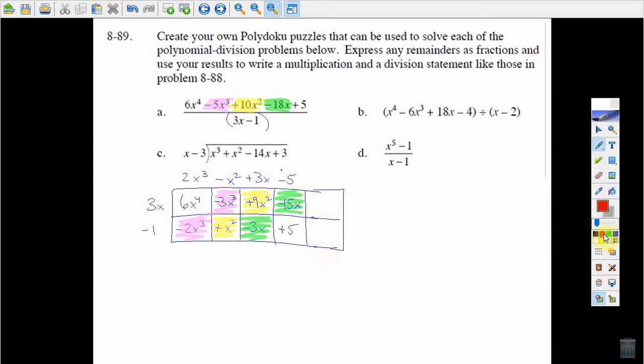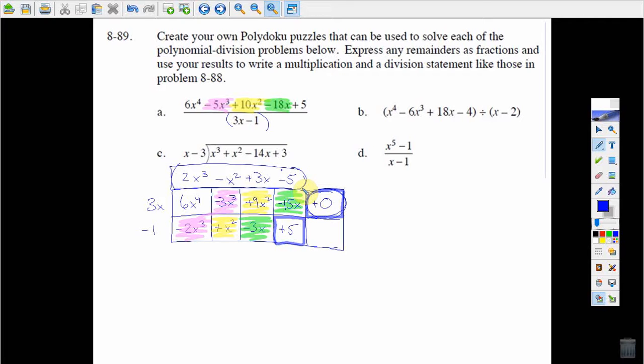And this box plus this box have to add up to 5, which they do. This would be my remainder here, which is 0. So that is our answer: 2x cubed minus x squared plus 3x minus 5, with the remainder of 0.